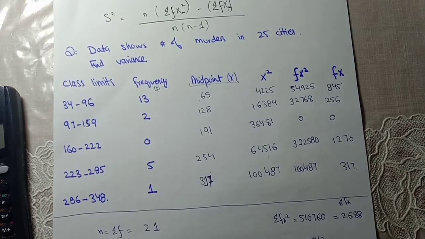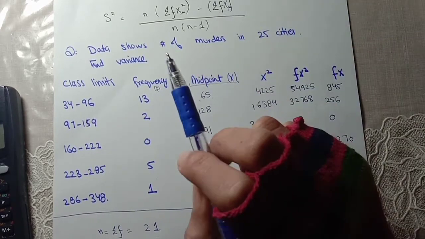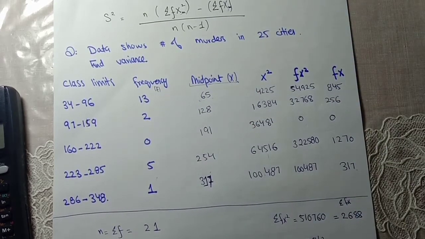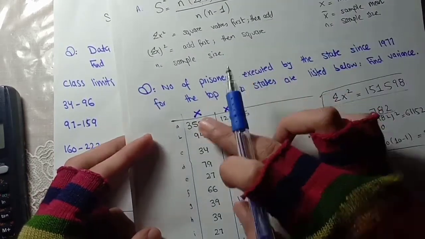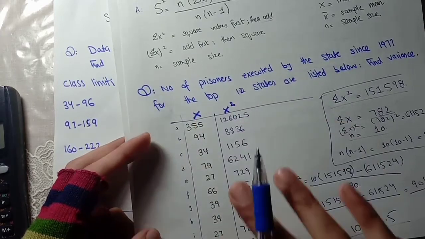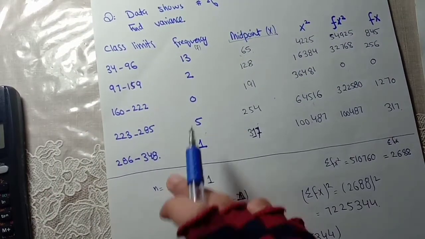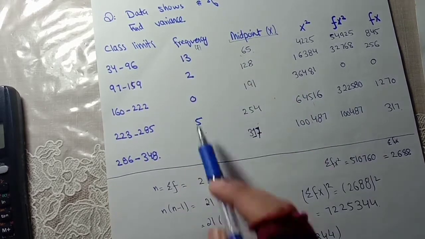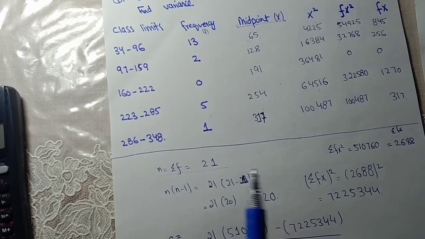Now if we discuss n for group data, it is again different from ungrouped data. In ungrouped data, n was simply the total number of values given, like it was 10 here. But for the group data, n is the summation of f. We simply add up the frequency column and get the value of n. In this case it is 21.